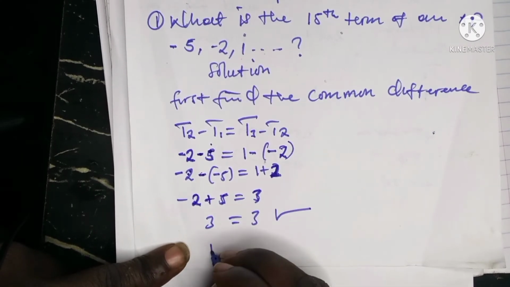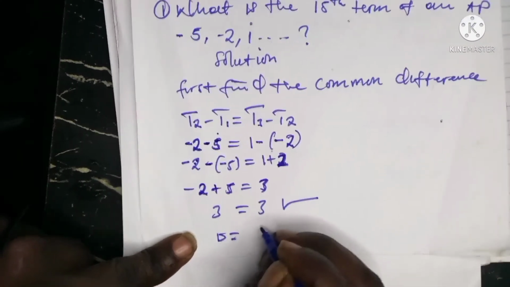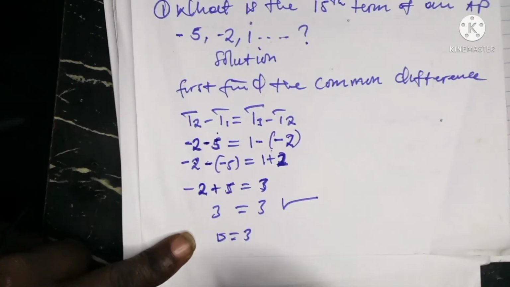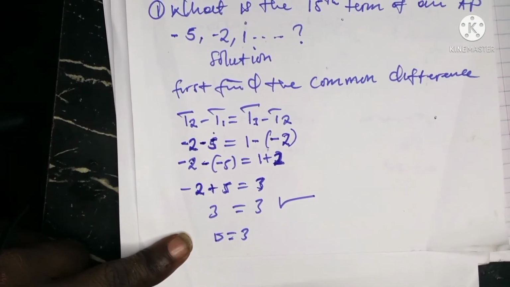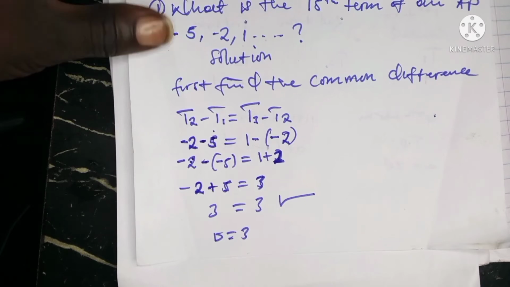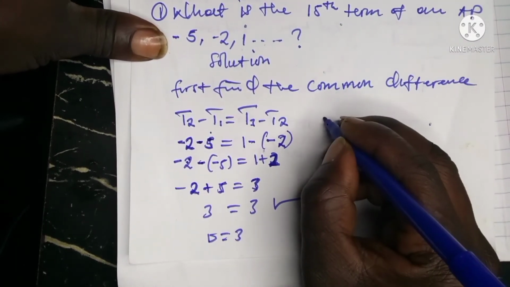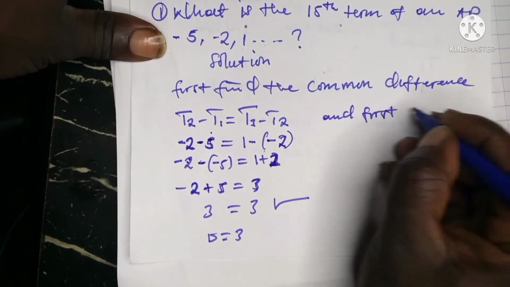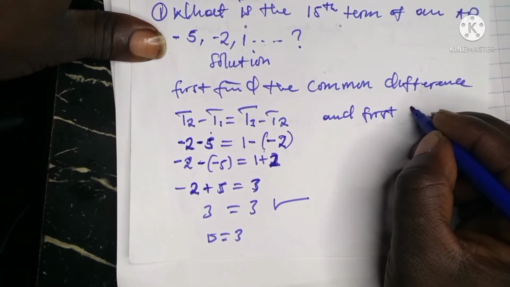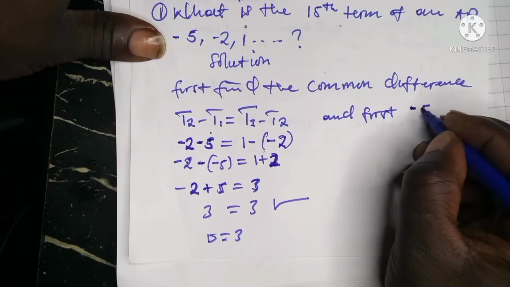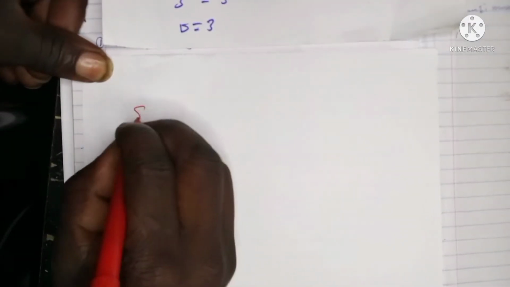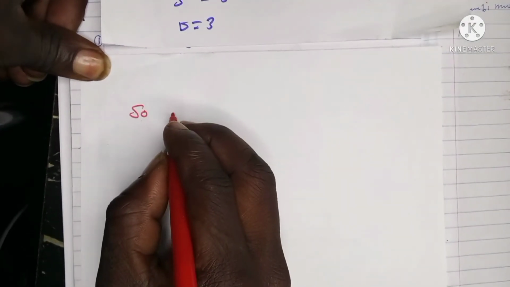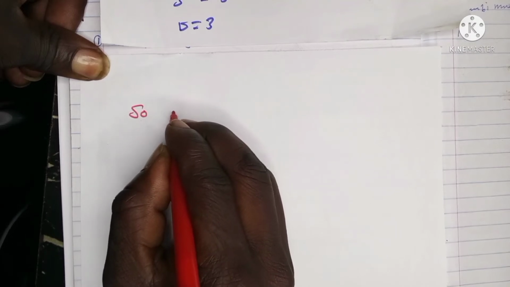And the answers are equal. So the common difference is 3. And the first term is negative 5.